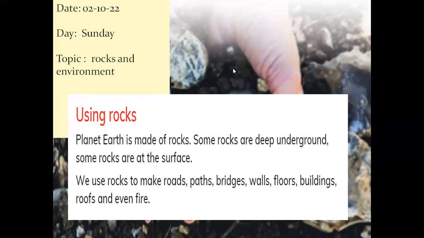The bridges, the floors, the buildings, roofs. Even when we want to light a fire, we can use rocks to start the fire. So rocks play a very important role in our life.